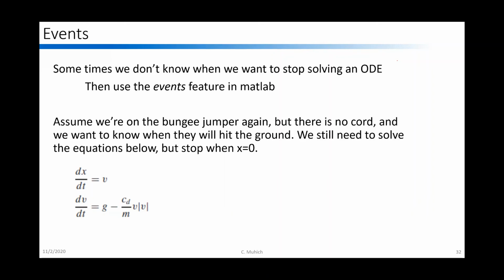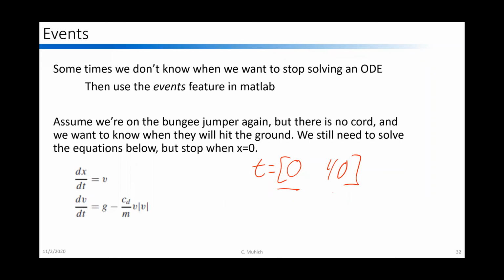Because we don't know where it's going to happen ahead of time, I can't just put in something like t equals 0 to 40 seconds, because the plummeter may hit the ground before then. We need to have some way to tell MATLAB, this is where I'm going to start, and this is how to know when to stop.